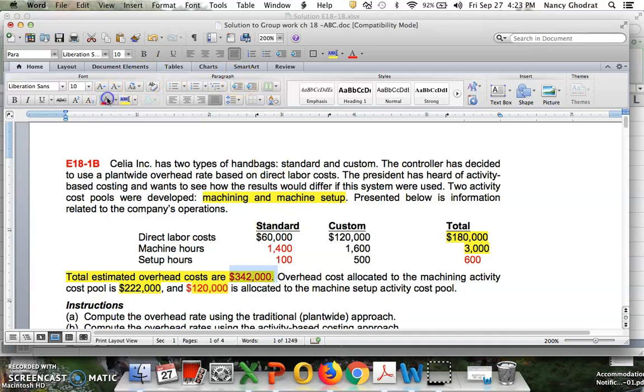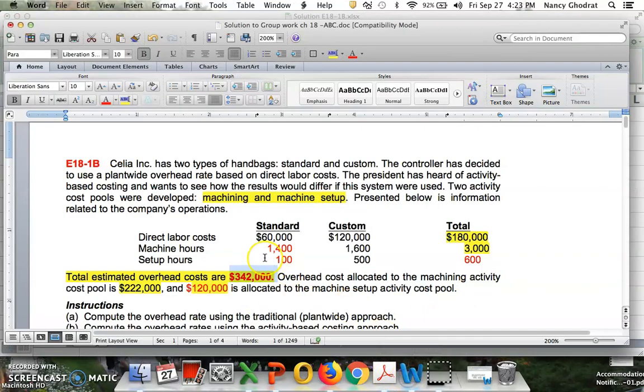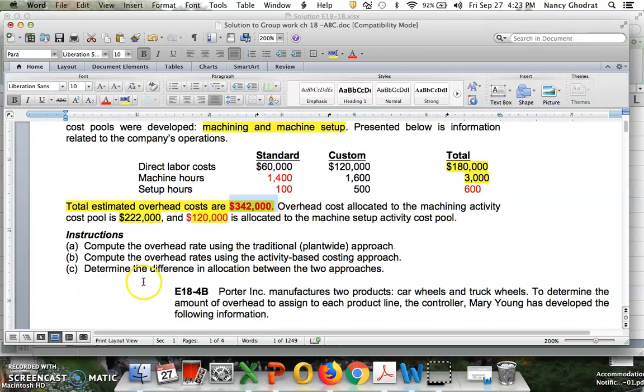They provided that to us. And you should get it, otherwise you made a mistake somewhere. Okay, now part C is asking us to determine the difference in allocation between the two approaches.